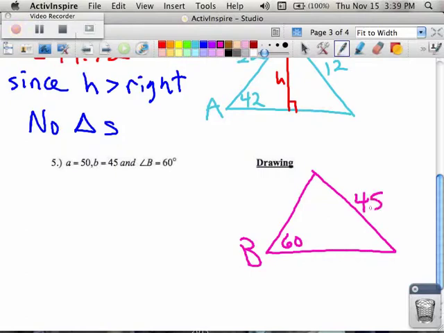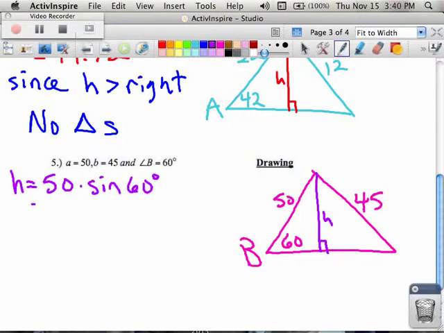And whatever's left over goes on the left, so that's a 50. We're always referencing what the height's going to be. So this is my h. And I know that my h is always the left side, 50, times the sine of the left angle, which is 60 degrees. When I multiply this out, I find out that I get 43.3.